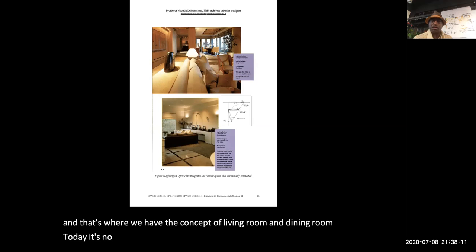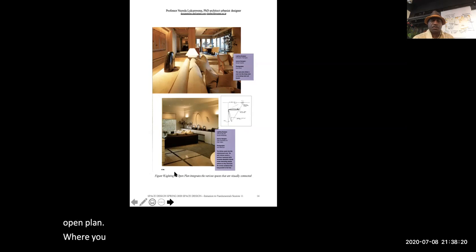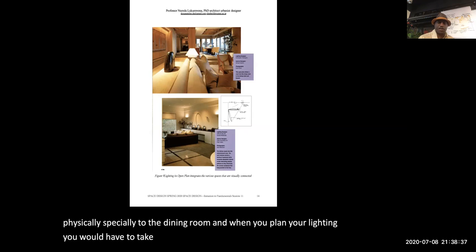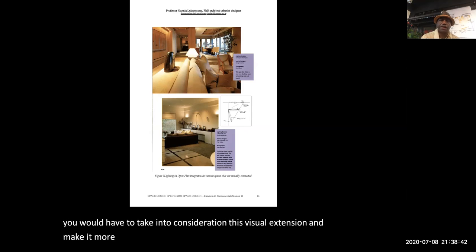We mostly live in open plan, where the living room extends, connected visually, physically, spatially, to the dining room. When you plan your lighting, you have to take into consideration this visual extension and make a more integrated type of lighting.